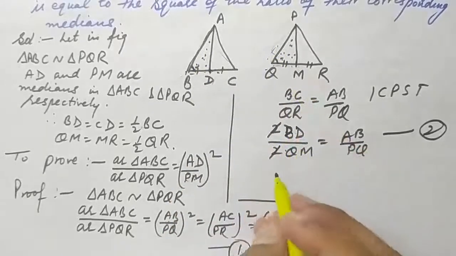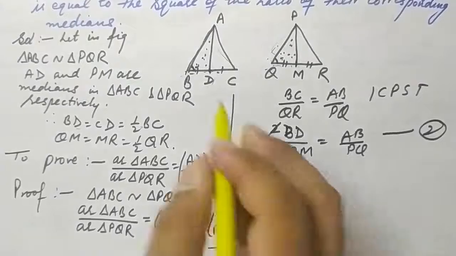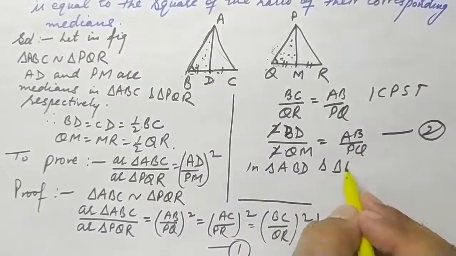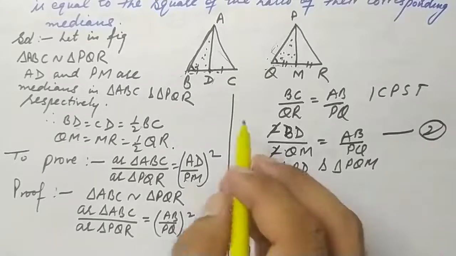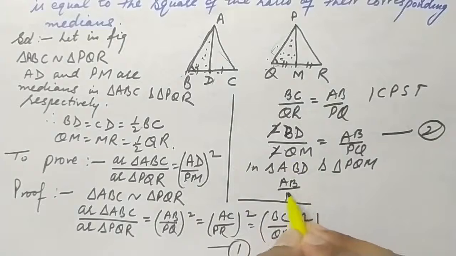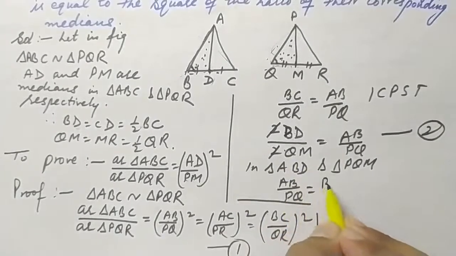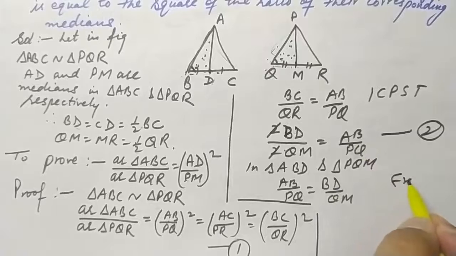So let's prove these two triangles similar. In triangle ABD, the small one, and triangle PQM, AB over PQ is equal to BD over QM from equation 2, so that is proved.